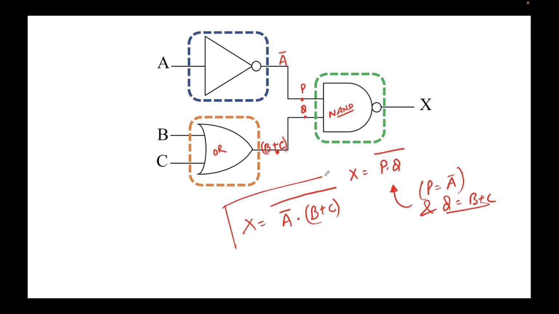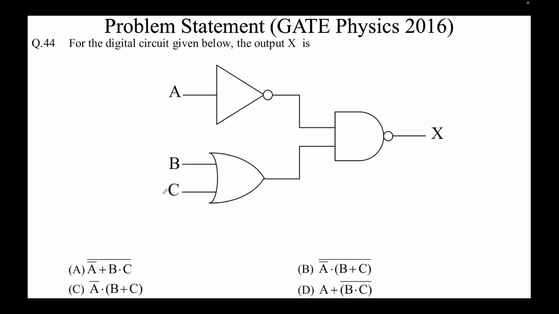For this complete circuit which has inputs A, B and C and these three logic gates, we have obtained the output X in terms of the inputs A, B and C using this expression. Now coming back to the question, X is equal to A bar times B plus C whole bar.